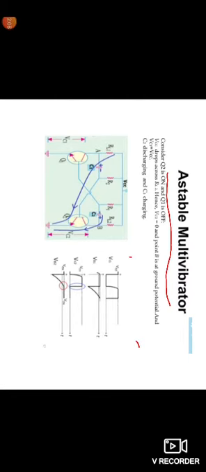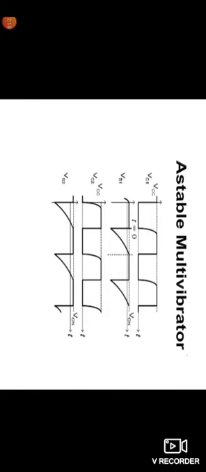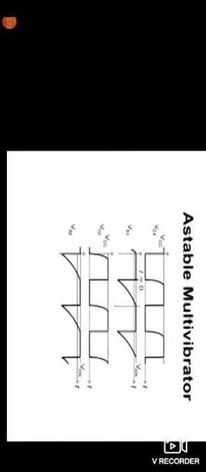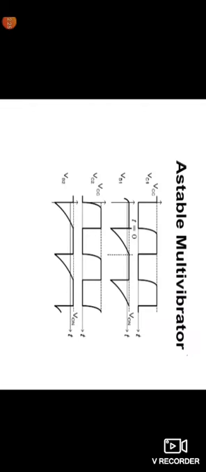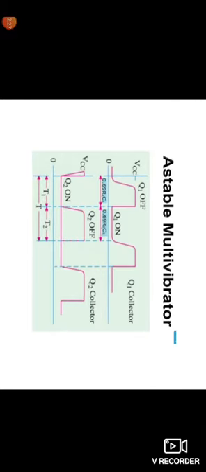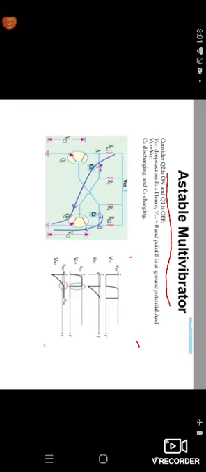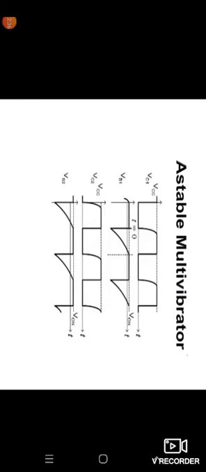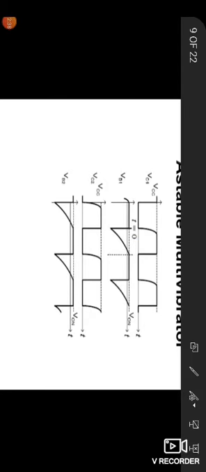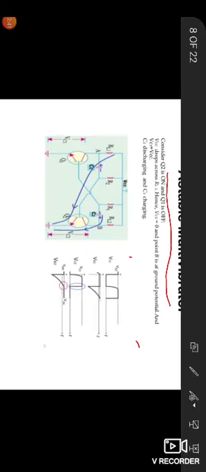Here C2 is discharging, C1 is charging, and VCC drops across RL2, hence VC2 is equal to 0. Here C2 is discharging, and C1 is the charging capacitor.